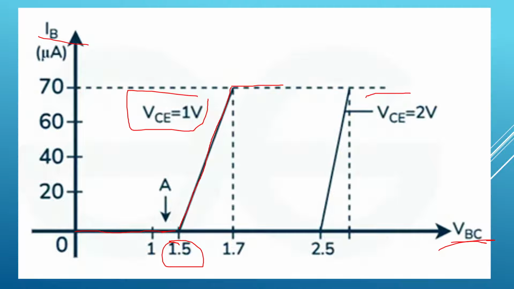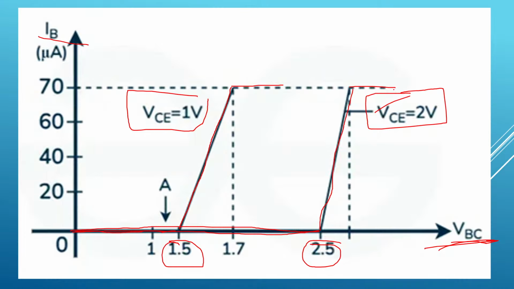Similarly, when VC is 2 volts, as VBC increases, IB is 0, from 0 to 2.5 volts. Okay. So until VBC reaches 2.5 volts, IB is 0 here. After that, once 2.5 volts is reached, as VBC increases, IB gradually increases up to certain value.